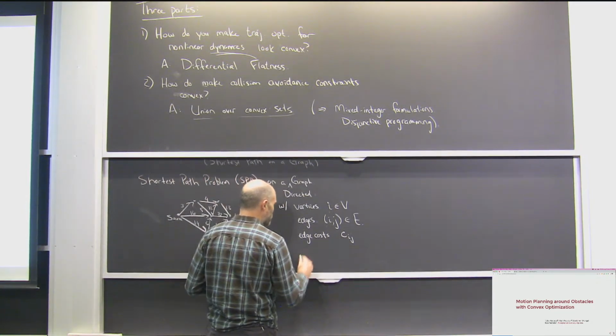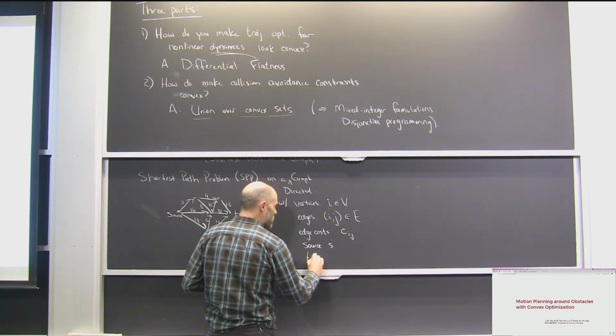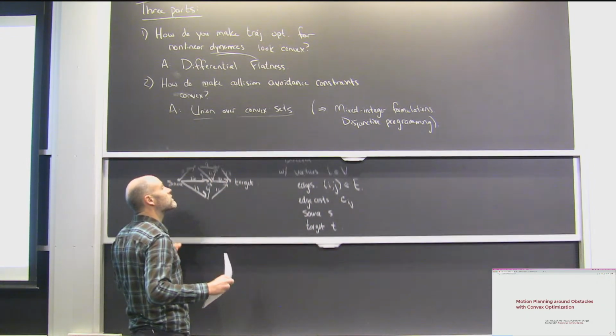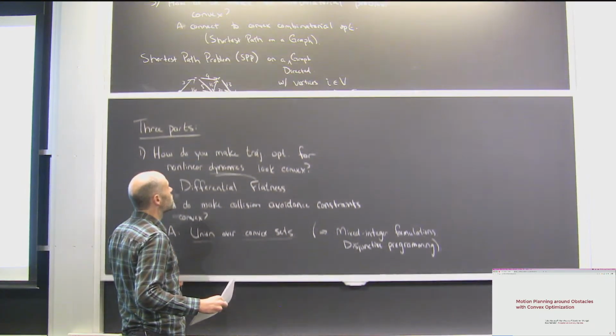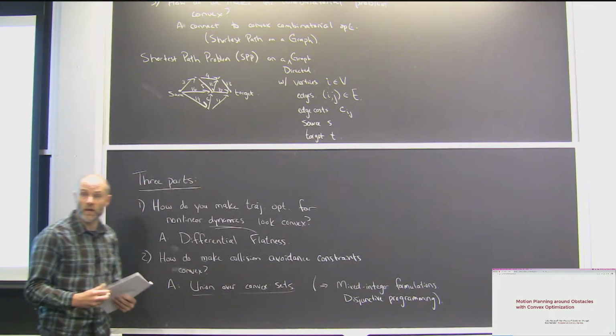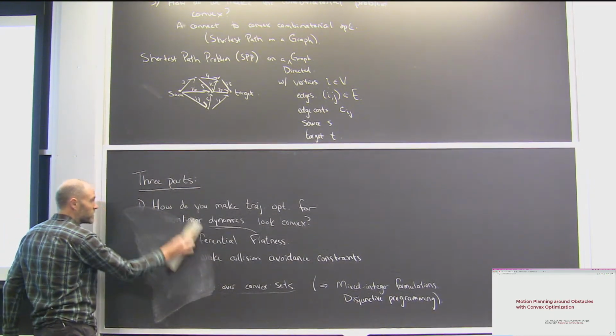Okay, and then I'll have my source vertex, source s, and target t. Okay, so my goal is to try to write an optimization-based solution to that totally reasonable problem.